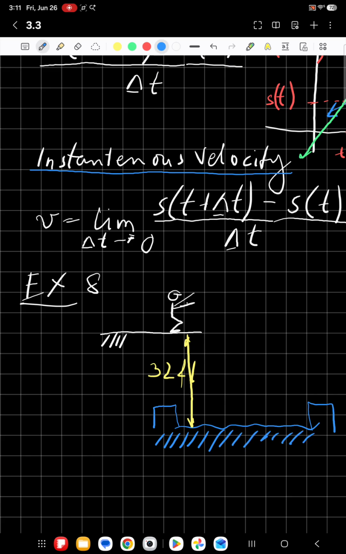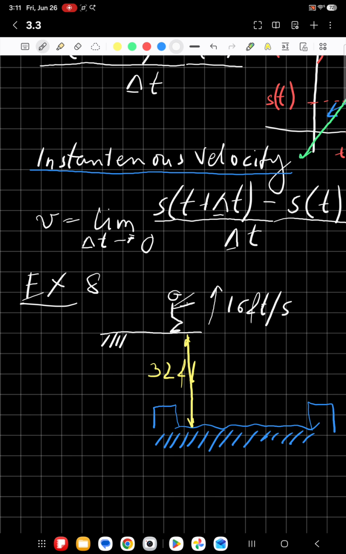So what we need to do, and the diver, the initial velocity, right? The diver jumps up, and that's the direction. It's vertical, right? I drew it a little bit under an angle, but initial velocity is 16 feet per second.